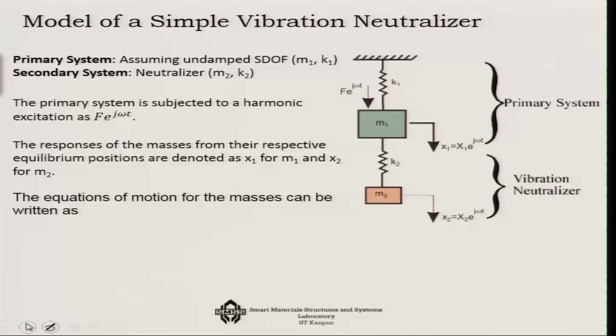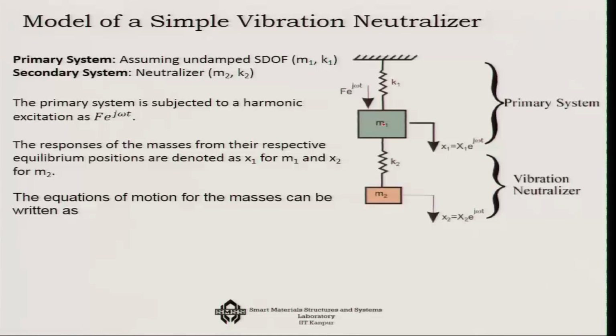Now, let us look into the model of a simple vibration neutralizer or tuned mass damper. A Stockbridge damper is one such example. So, here you have a primary system. This is the primary one, and it is excited by a harmonic excitation, and let us say the response is also harmonic, x1, which is capital X1 as the amplitude times e raised to the power j omega t.